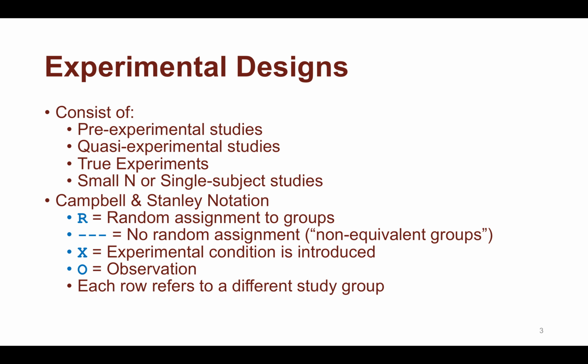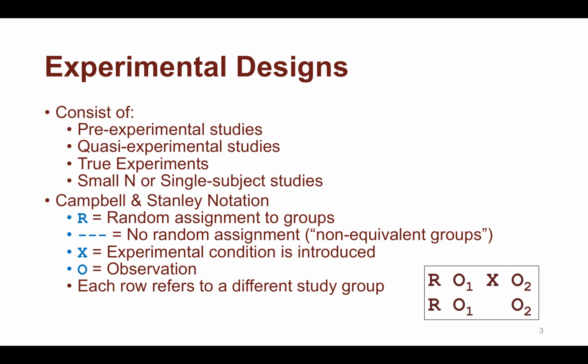So let me just give you an example of what I'm talking about to make this a bit clearer. This is a notation for a true experiment where you randomly assign participants into two different groups. So that's why we see two different rows of symbols here. In the top row, we've randomly assigned to that group, then we take an initial observation, which is O1, and then we implement our experimental condition, which is X, and then we take a post observation, so O2.